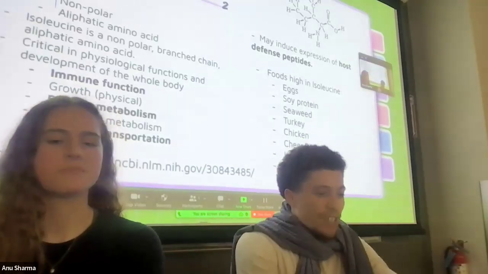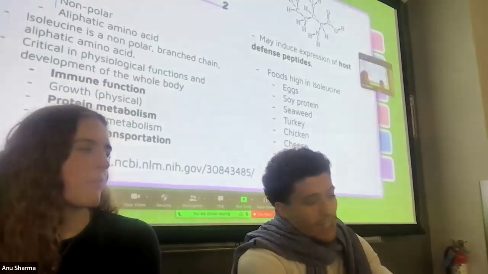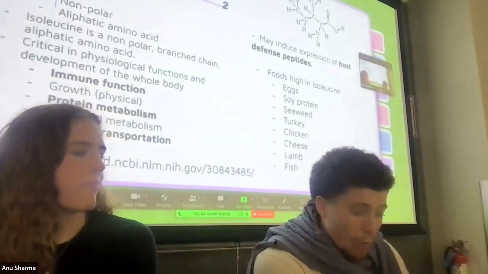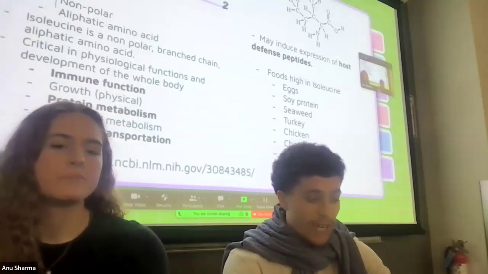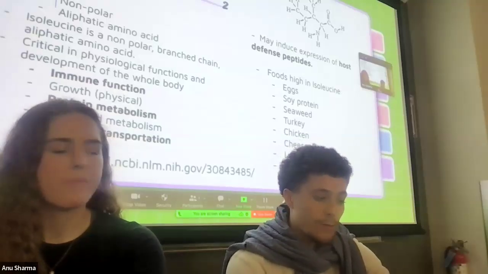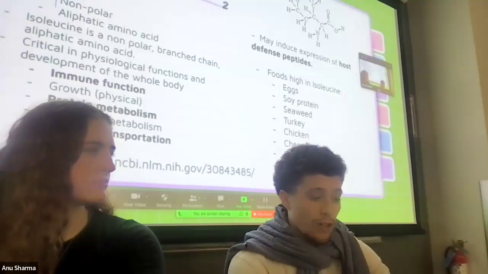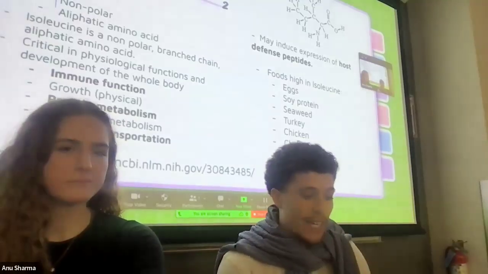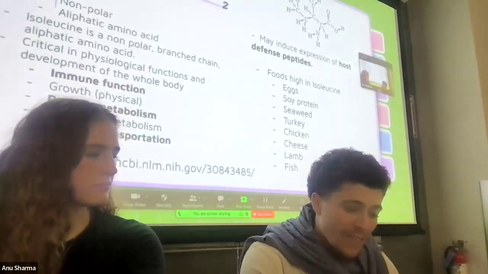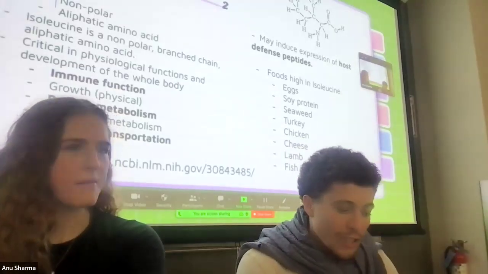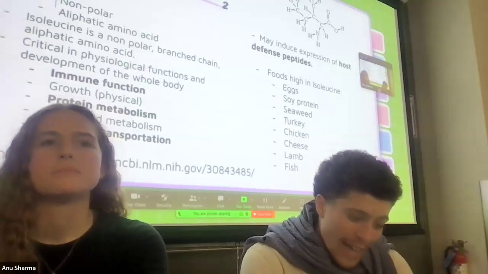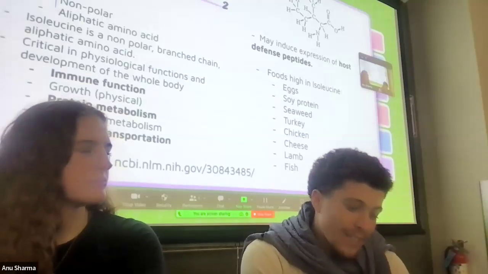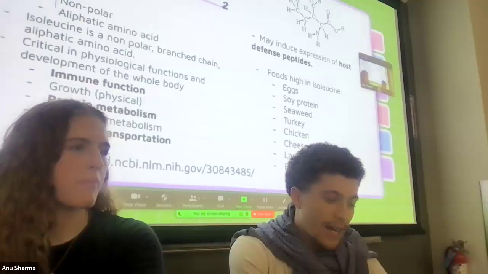It's a very important amino acid. It plays a big role in the immune function and physiological functions of the whole body, such as growth, immunity, protein metabolism, fatty acid metabolism, and glucose transportation. In immunity, having isoleucine in your diet is important as it directly affects your host defense peptides.